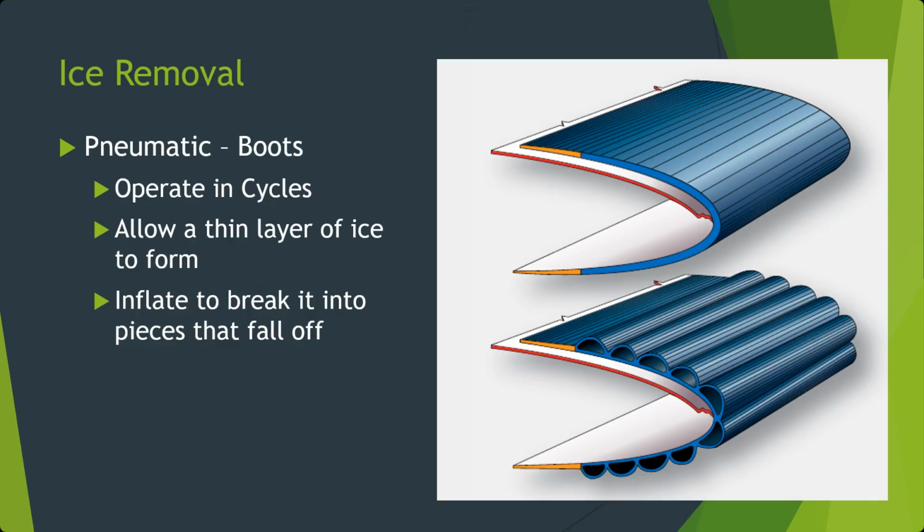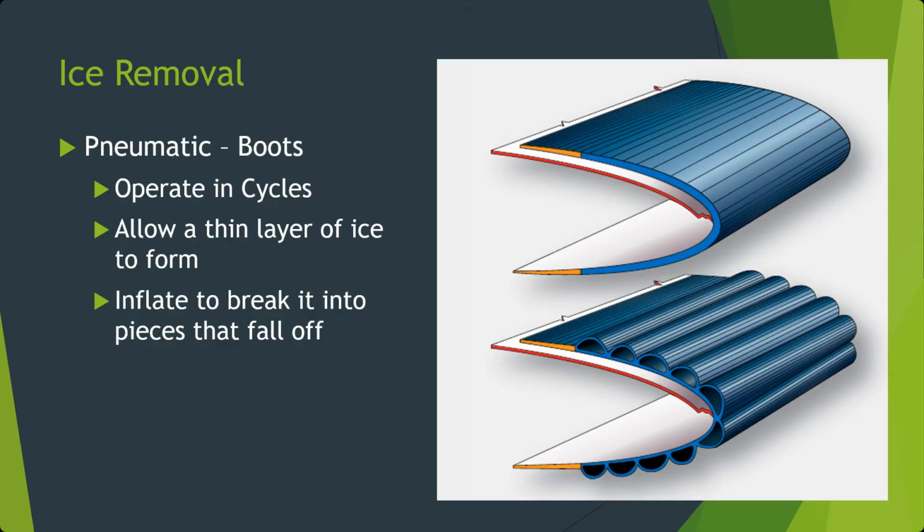The cycling of these boots is typically done automatically with some kind of a cycle timer. Throughout the course of time that the boots are turned on, the aircraft will inflate and deflate them repeatedly in different zones, but making sure to allow time for ice to actually build up enough that it can fracture off.